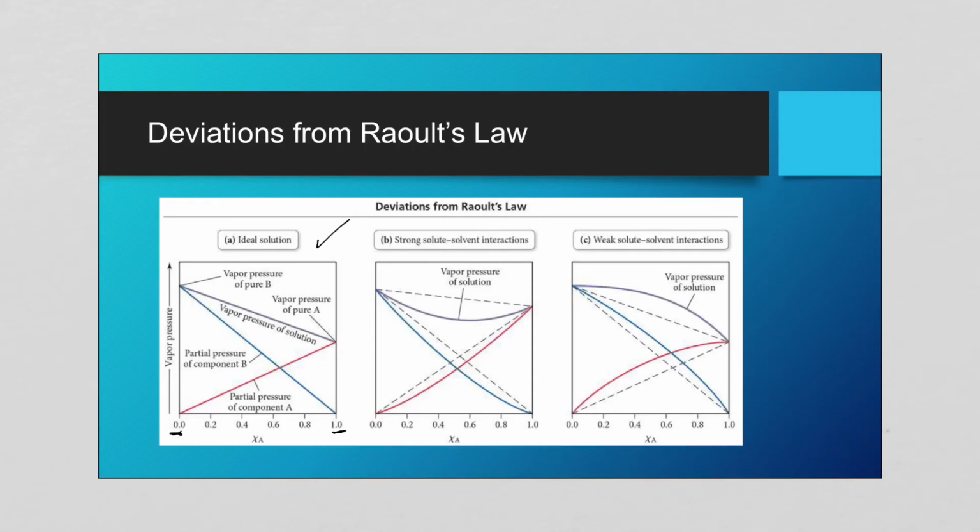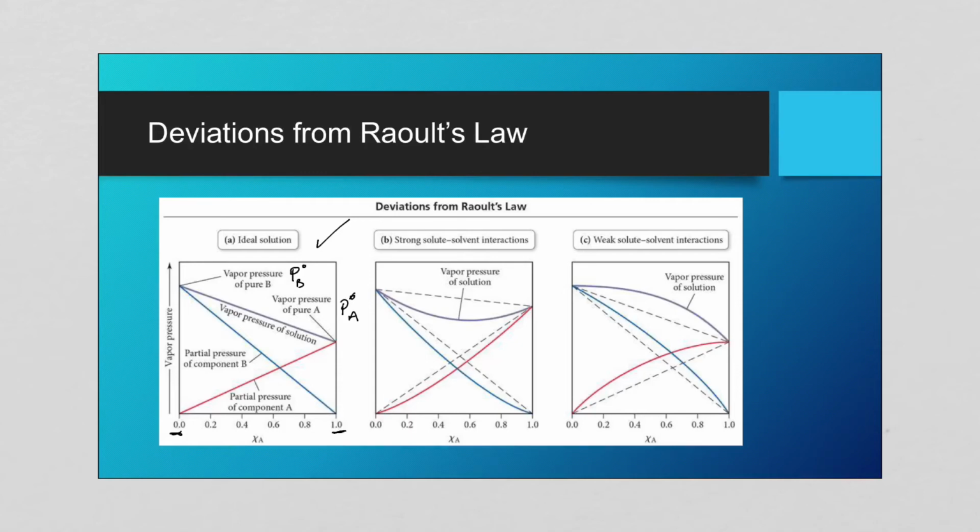So at this extreme, we have component B, and we're doing this in terms of component A. At one extreme where we have no A, the vapor pressure is going to be just equal to the vapor pressure of pure B. So this is the vapor pressure of pure B here. And here, this is going to be the vapor pressure of pure A.